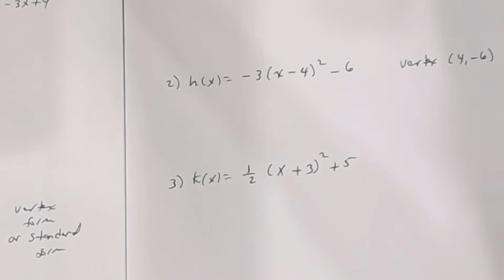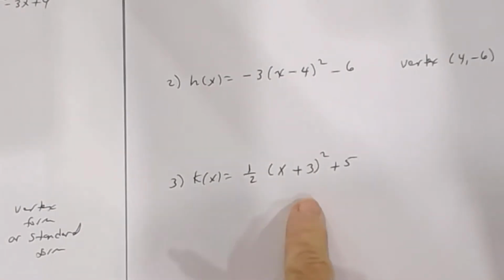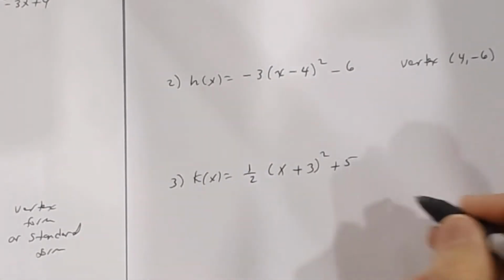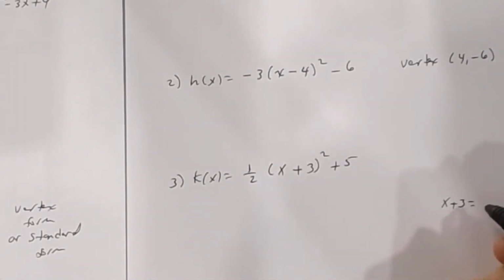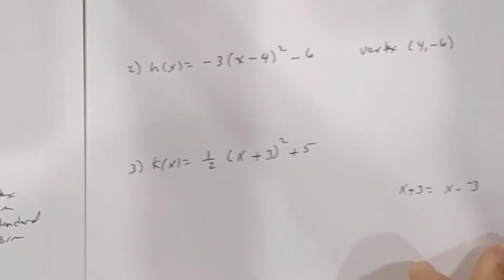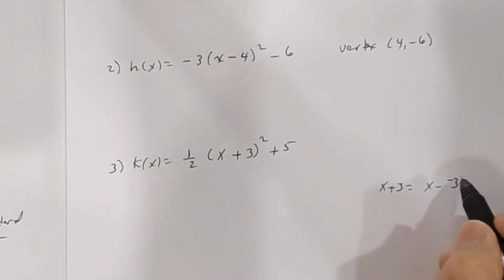Negative 3, 5. Because remember, the vertex form doesn't say x plus h. It says x minus h. So you have to remember this expression x plus 3 from many years ago means the same thing as x minus negative 3.